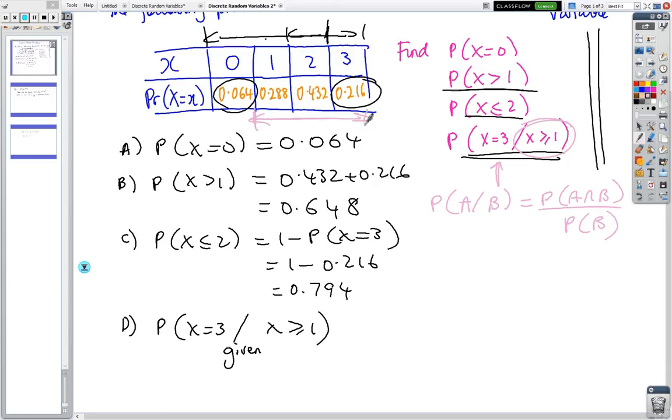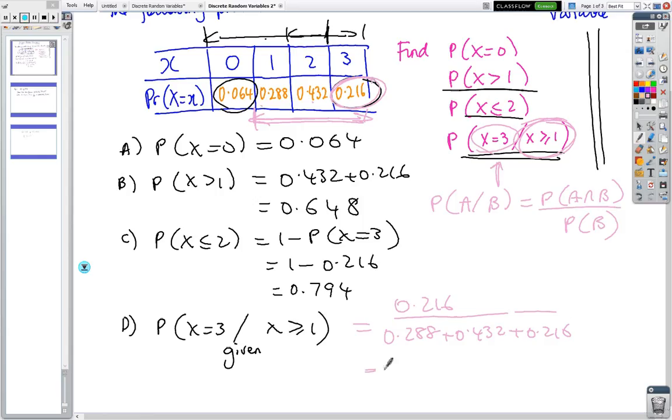So what we're looking at is the event x has to be greater than 1, which is those numbers there, and the only time it intersects with x equals 3 is that number. So we put the intersection, which is 0.216, over the event B, which is x greater than 1, which we haven't calculated yet. So 0.288 plus 0.432 plus 0.216.